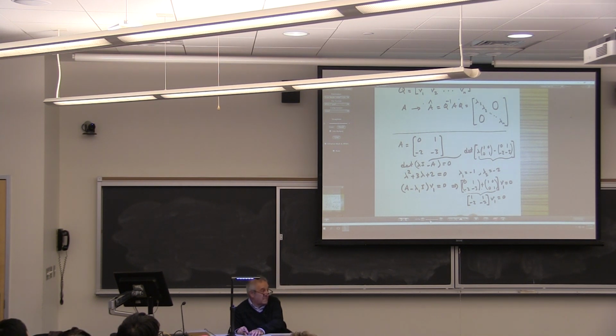Therefore, the solution exists. The rank is 1. Therefore, you can find one linearly independent vector solution. Okay? Which one do you like to take? So let's take 1 and minus 1 as a good choice for V1, right? So I put for V1, 1 and minus 1. Everybody agrees? So we take V1 to be 1 and minus 1.